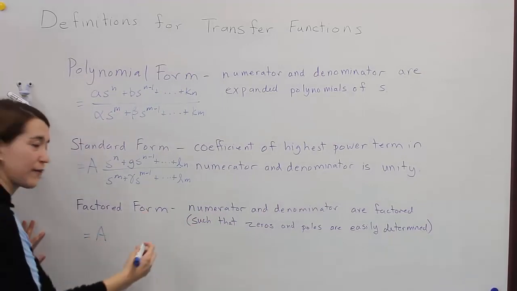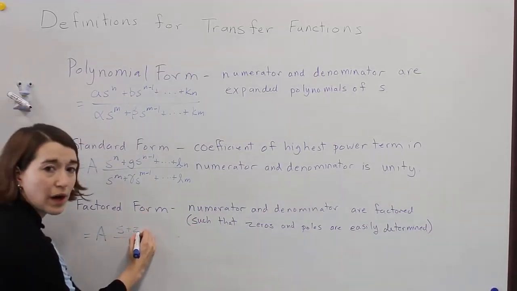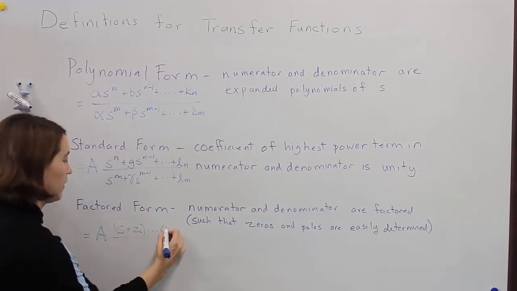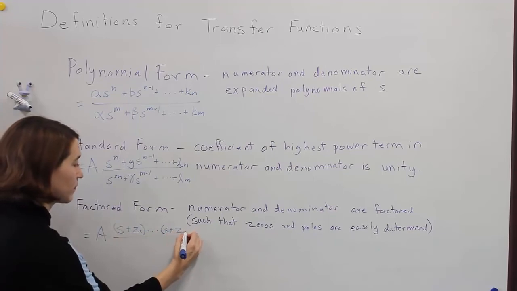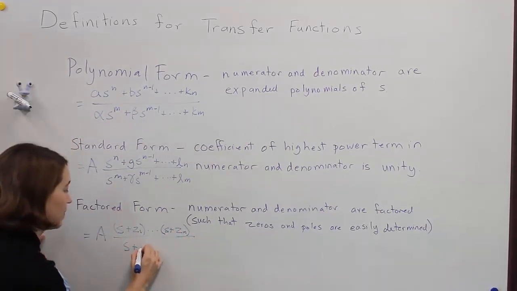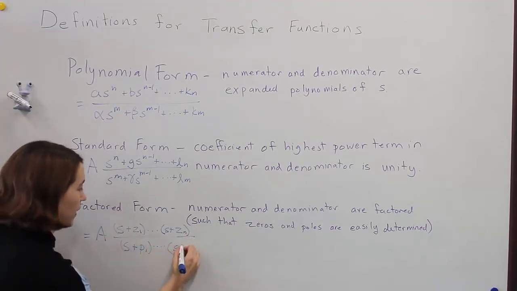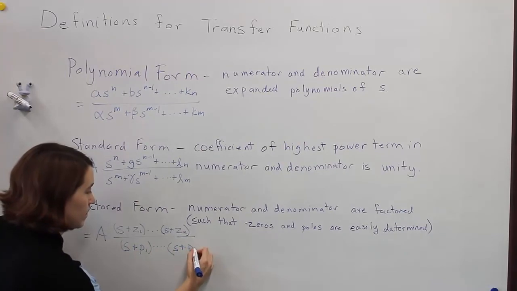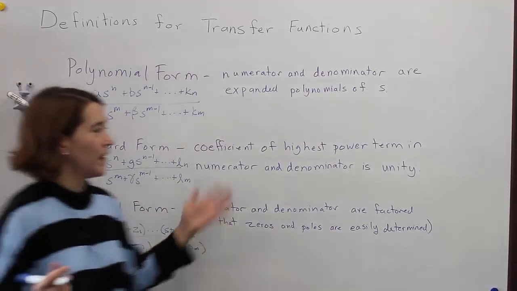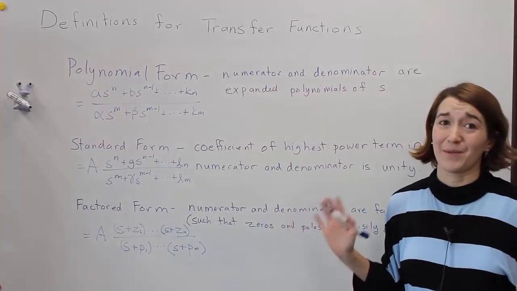The a may have a factor in the front again, and then s plus, we'll have a zero, so we'll call it z1, multiplied until we get to the last one. And then same here, this would be s plus p1 multiplied by all the other ones. Okay, so here's the general form. I hope that's clear enough, and Valerie's happy with this explanation.